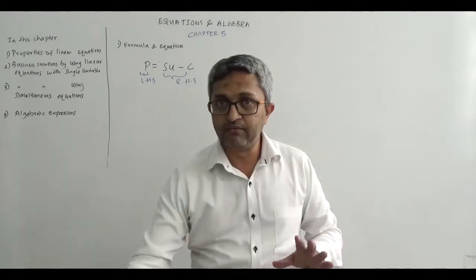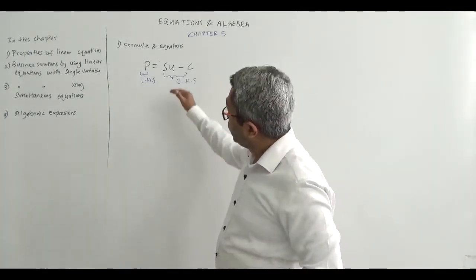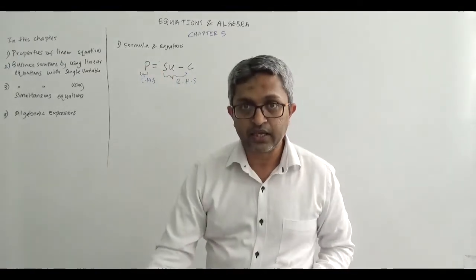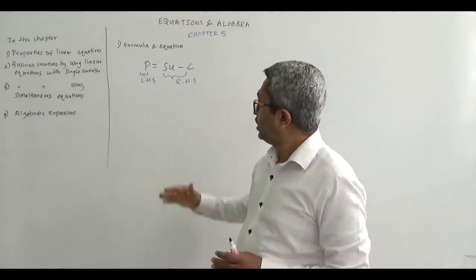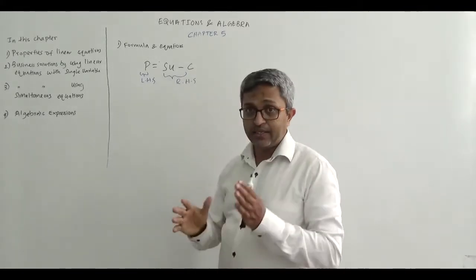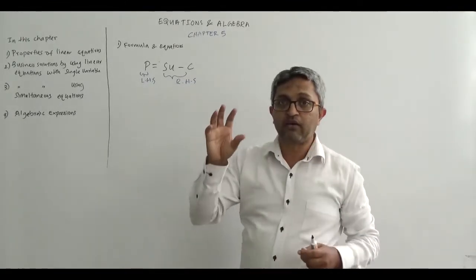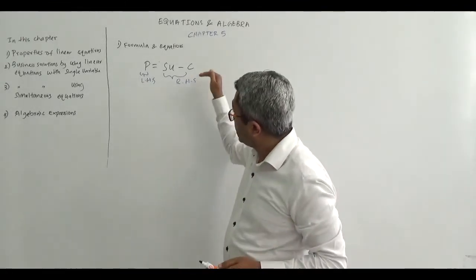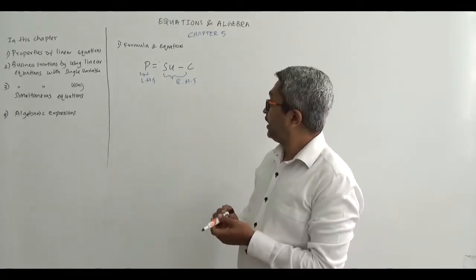Now if you are doing something on the left hand side or right hand side, you have to do the same thing on the other side also. Then our equation will be in a balanced position. That's the meaning: an equation means it's in balance, left hand side and right hand side both. So we cannot make any change unless we do the same thing on the other side.